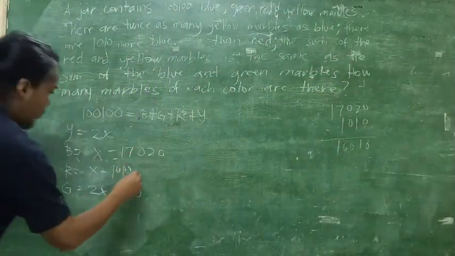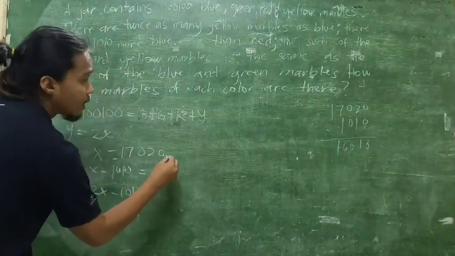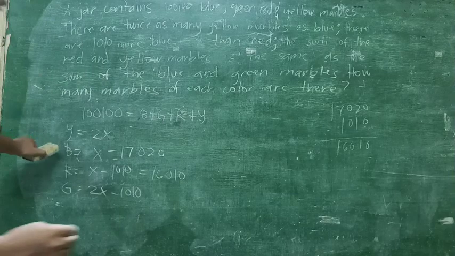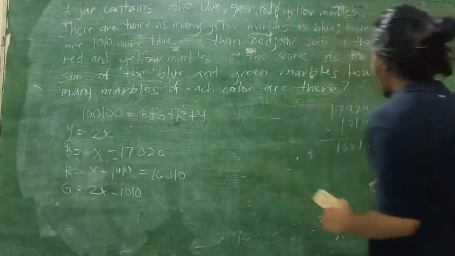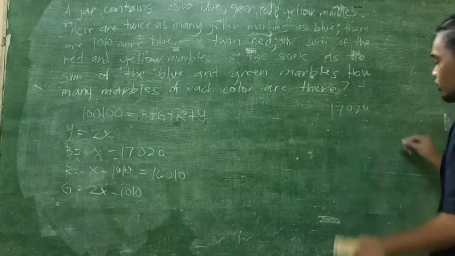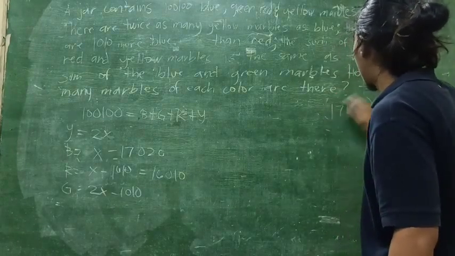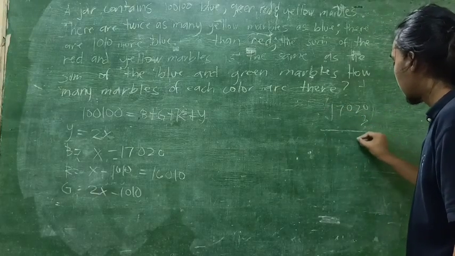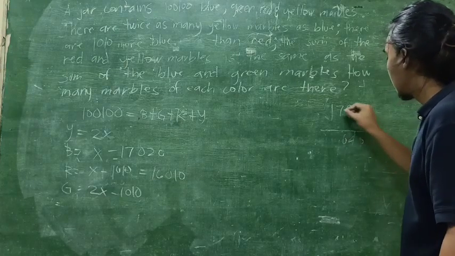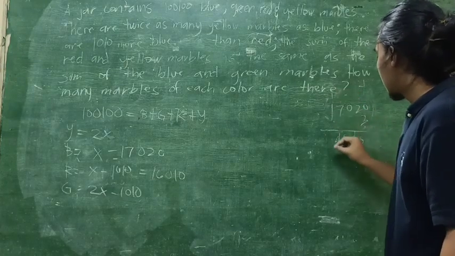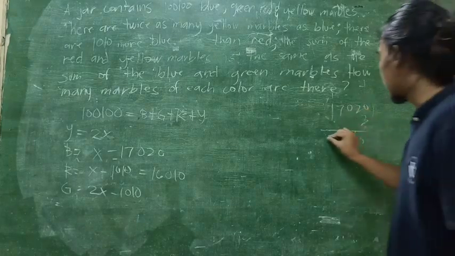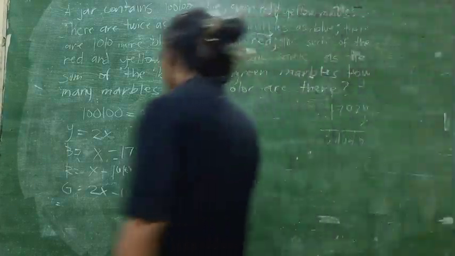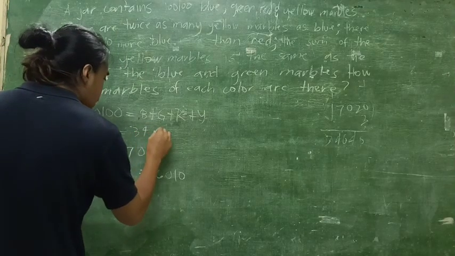Our red marbles is equal to 16,010. How about the yellow? It is said that it is twice the blue. So we simply multiply 17,020 by 2. So 2 times 17,020 is 34,040. So we have the value of yellow equal to 34,040.